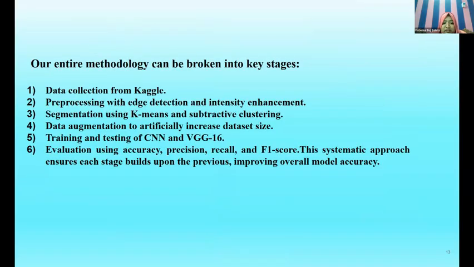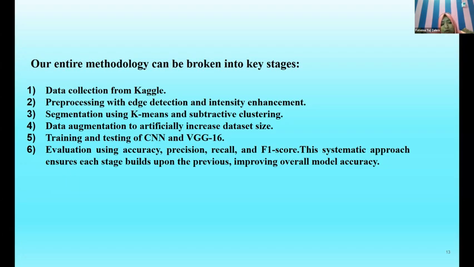Then we added augmentation to artificially increase and simulate the variety of the datasets. We have augmented the data. And after that, we have introduced the CNN and VGG16 model in our work. The evaluation uses accuracy, precision, recall, and the F1 score.